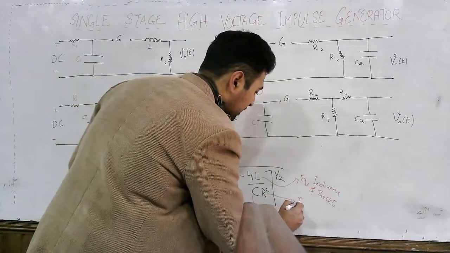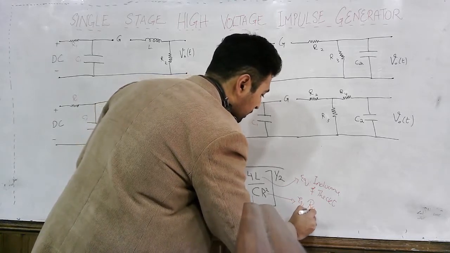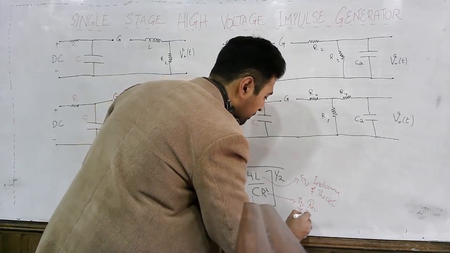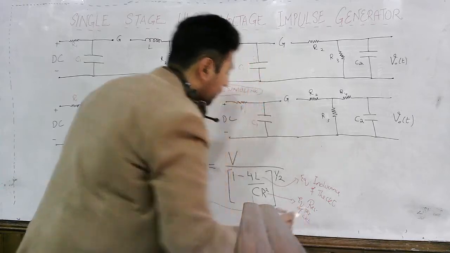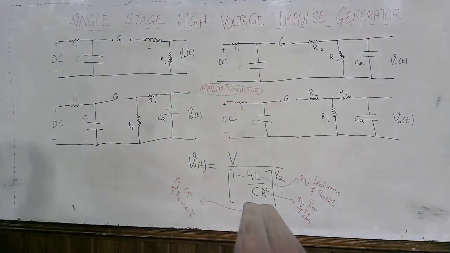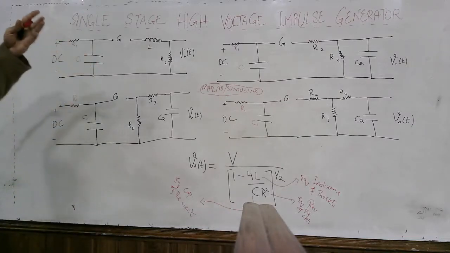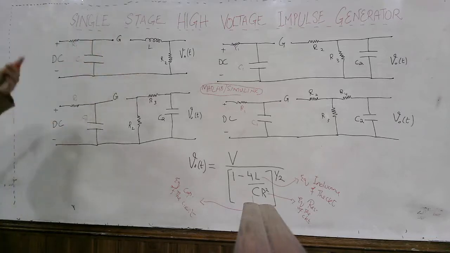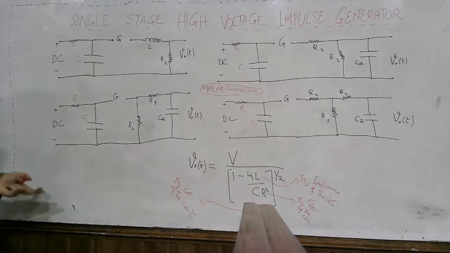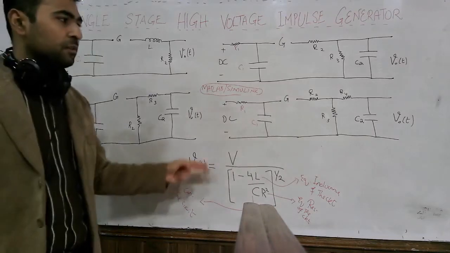R is the equivalent resistance of the circuit. So you know the rules and theorems of network analysis and electric circuit analysis. You can find out the equivalent inductance, the equivalent capacitance, and the equivalent resistance of such circuits. So this is the output voltage of this circuit.